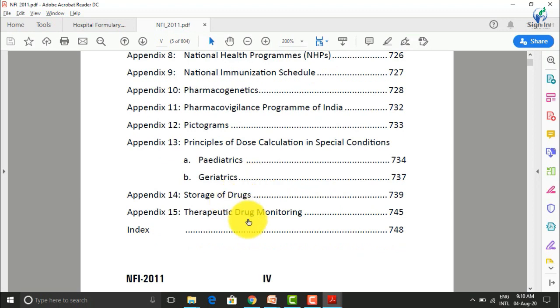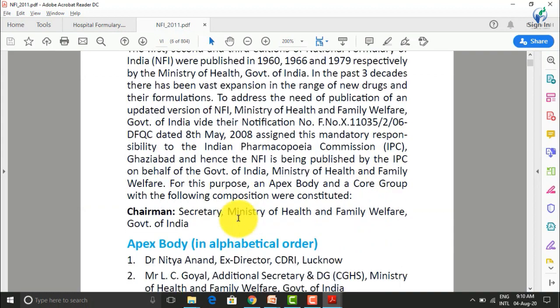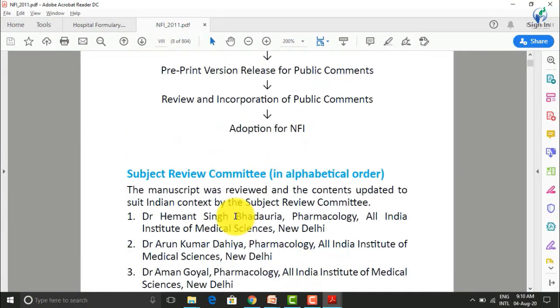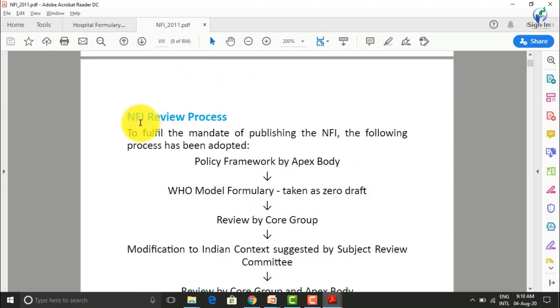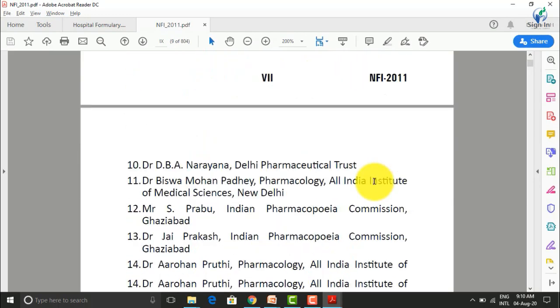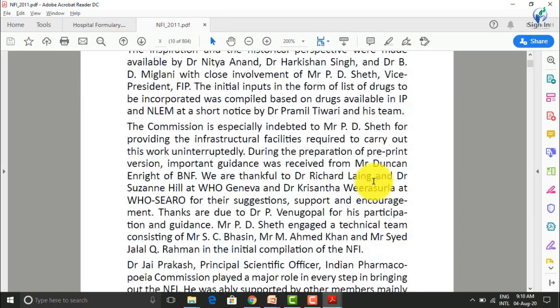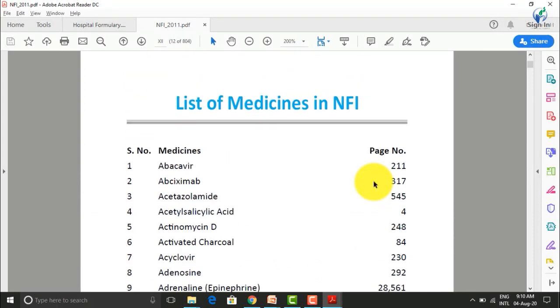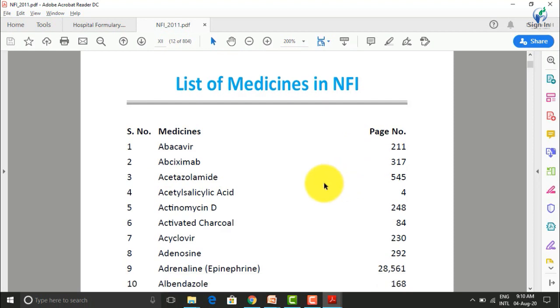Storage of drugs and therapeutic drug monitoring are also included here. They also describe how the N.F.I is reviewed and prepared. Then, in alphabetical order, they have also mentioned the drugs.